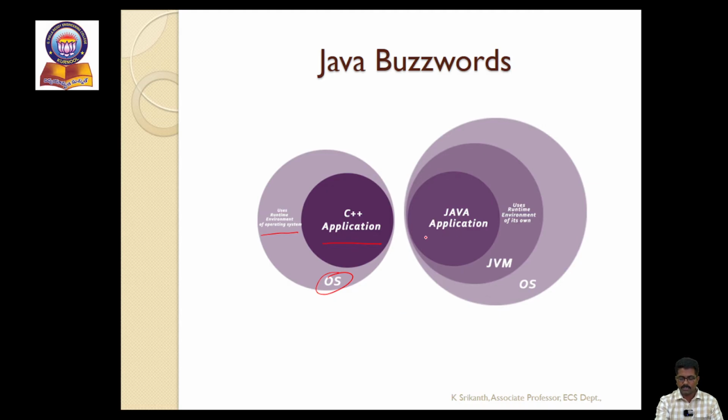When it comes to a Java application, it is given to a mediator called JVM, where we have a secured runtime environment to run the application with the help of the OS. Because of this JVM, the language is secured. Hope it is clear with this diagram that because of the Java Virtual Machine, the language is a secured language.